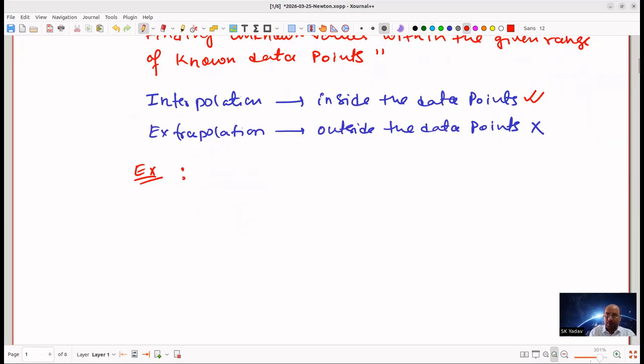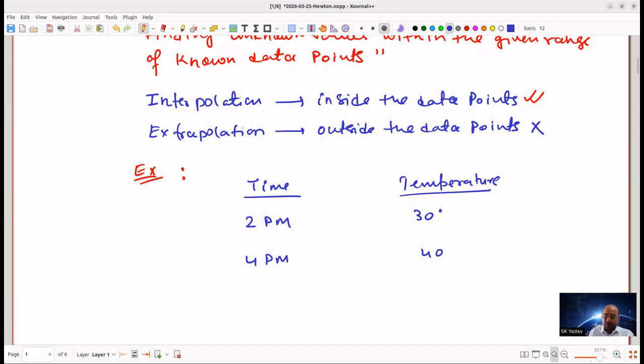Now, for example, it's very easy to understand. Suppose we have given certain temperatures at particular times. So we have time here, and we have temperature. Let's say it is known that at 2 p.m. the temperature is 30, and at 4 p.m. let's say it's 40, in degrees centigrade. And at 6 p.m. let's say it's 60.